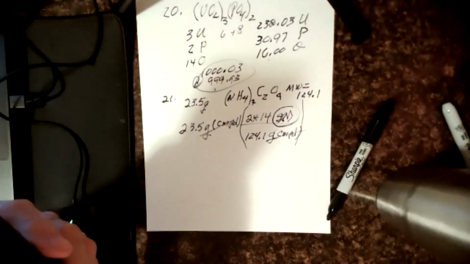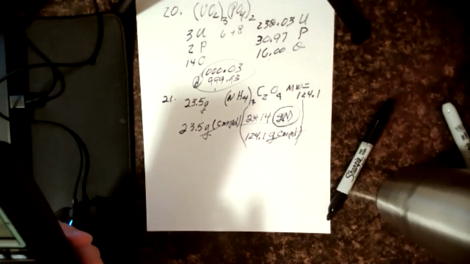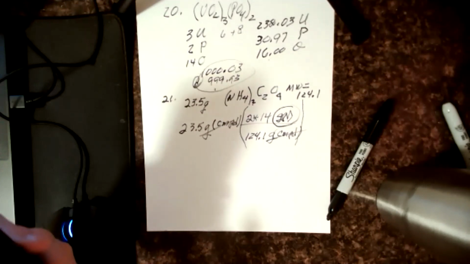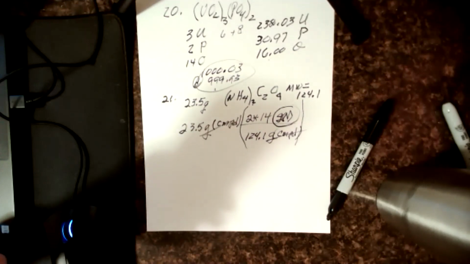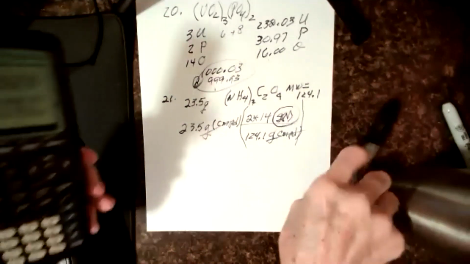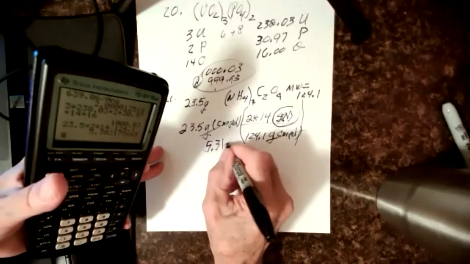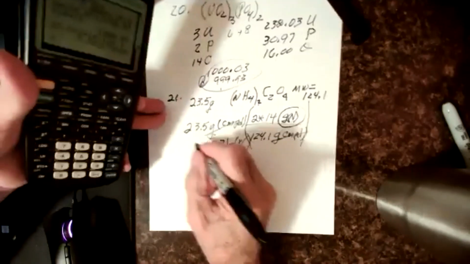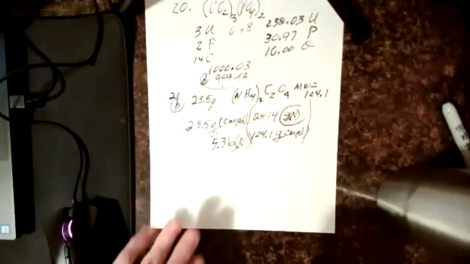I'm going to do 3.5, multiply it by 2 and multiply it by 14 and divide it by 124.1. And I get 5.31. In the problem, that's response B, the correct answer.